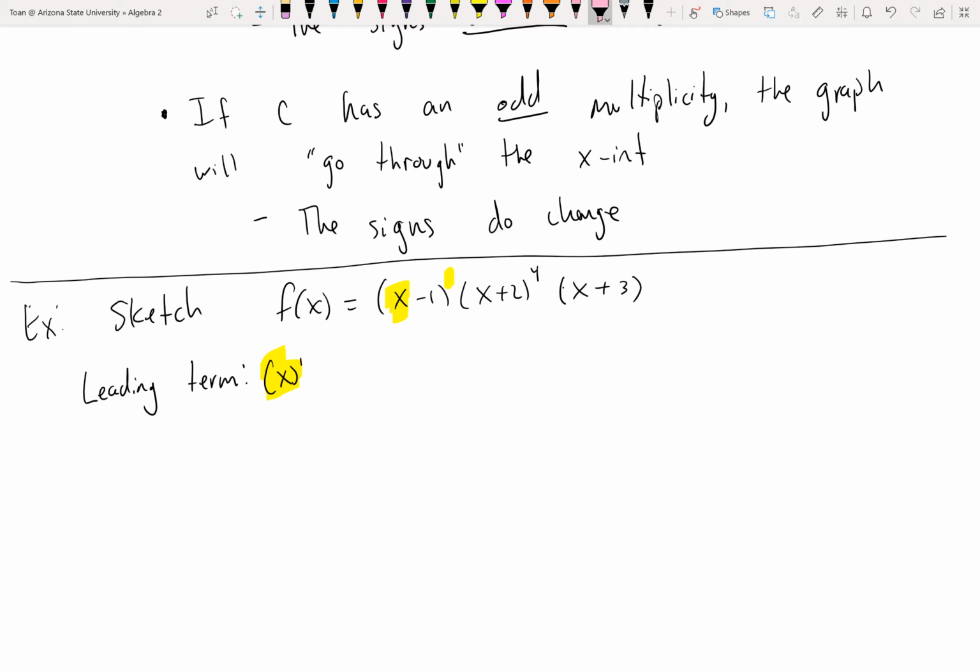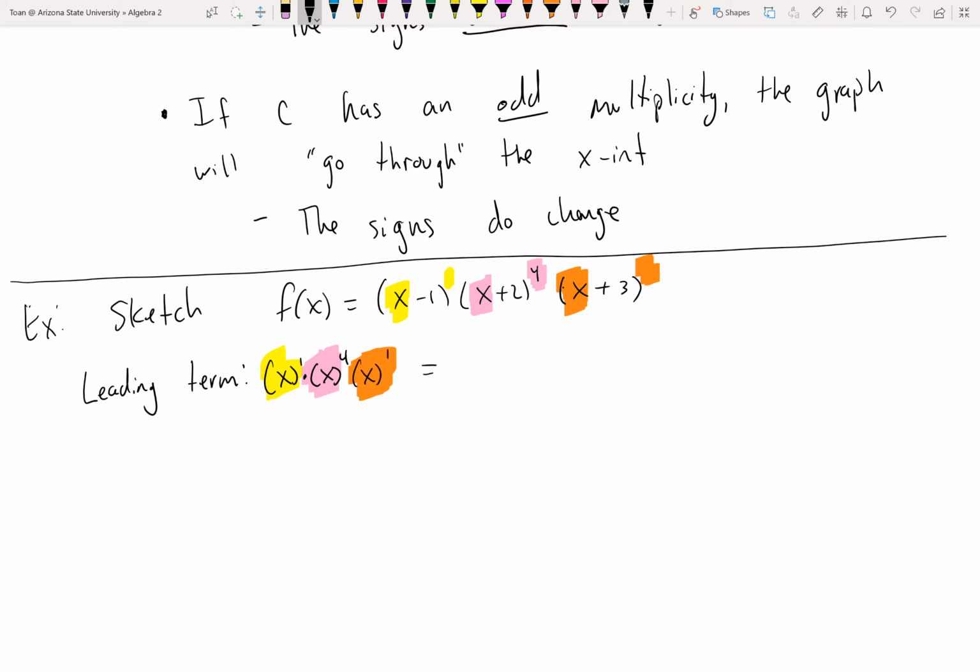In the second factor, the leading term is x to the 4th power. So that's what I'm going to multiply next, times x to the 4th power. And then the third factor, oh, I did not want to cover it up. Can you guys see through this? Yeah. You have x to the 1st power. So that's what I'm going to multiply next, x to the 1st power.